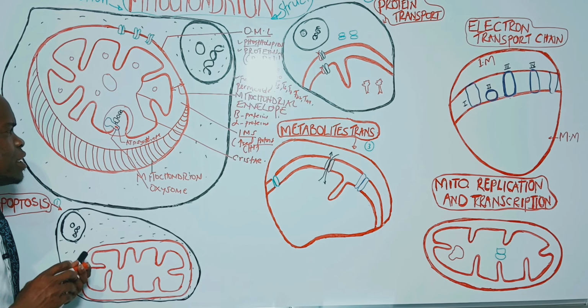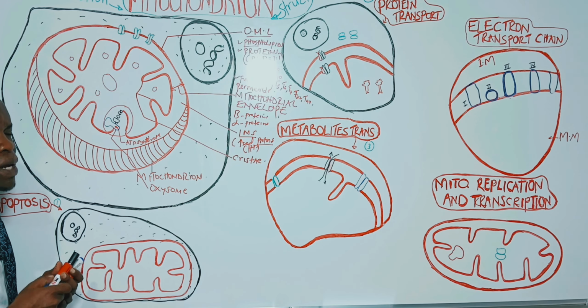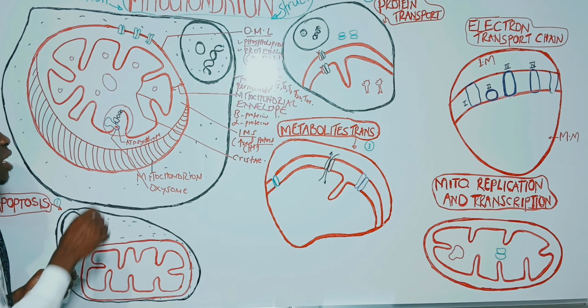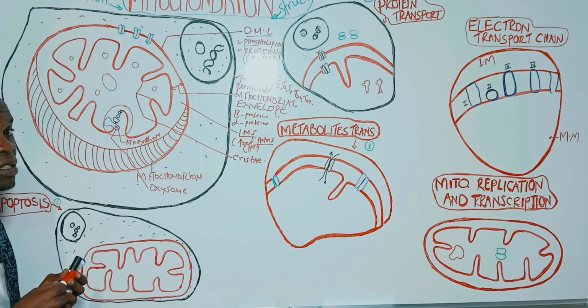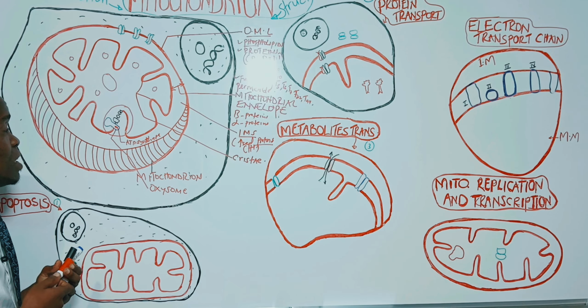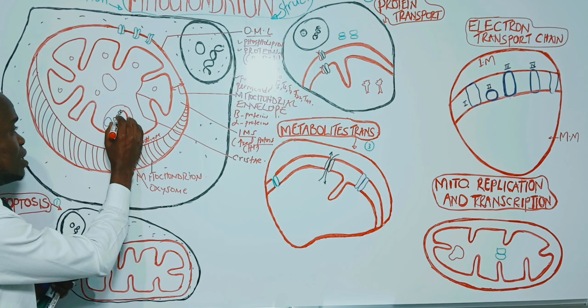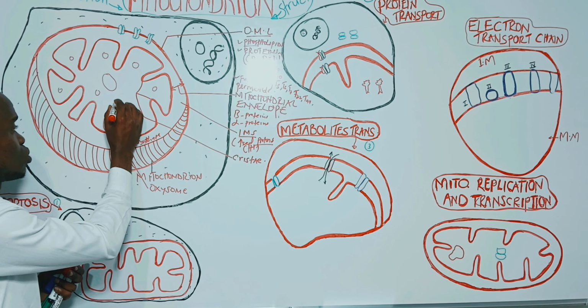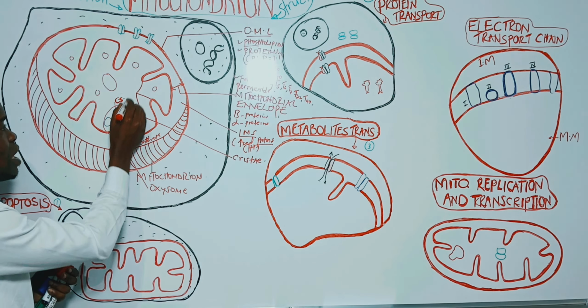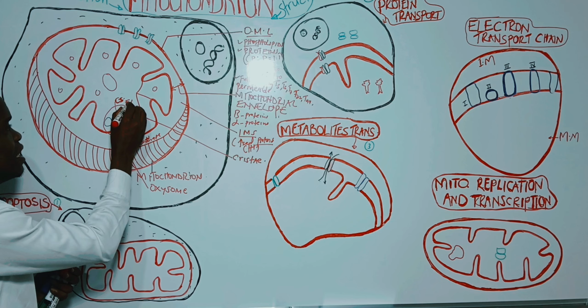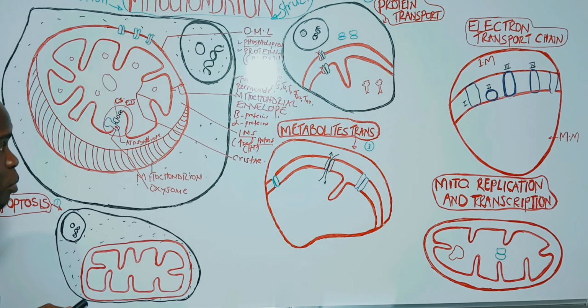Also, on the cristae there are complex structures that are very important in electron transport during the ETS. That means the cristae has complex structures which are going to be important in the ETS. You get the point.